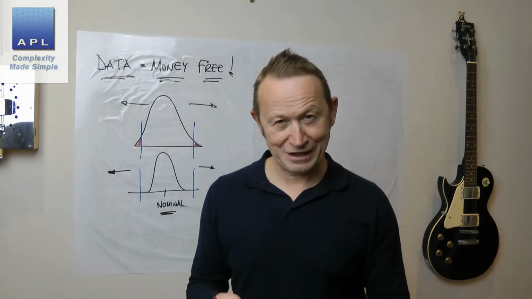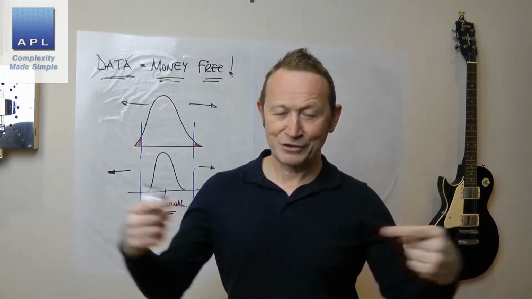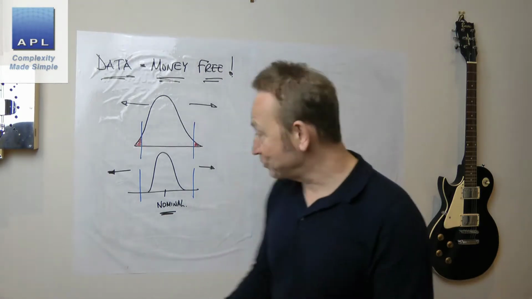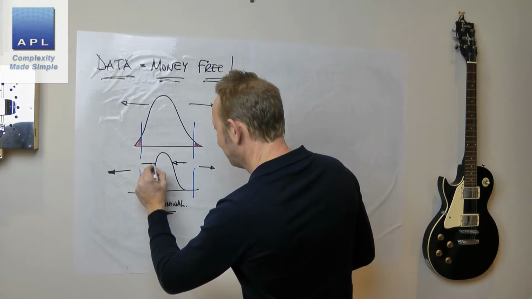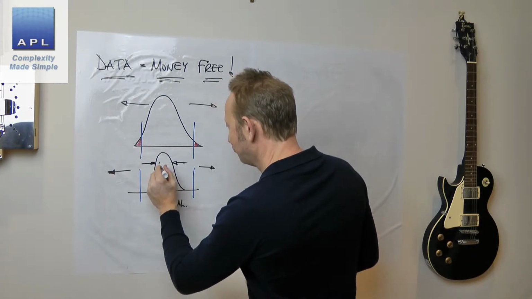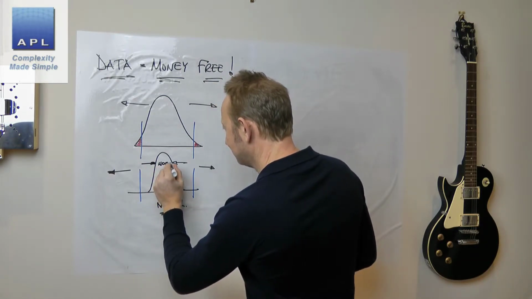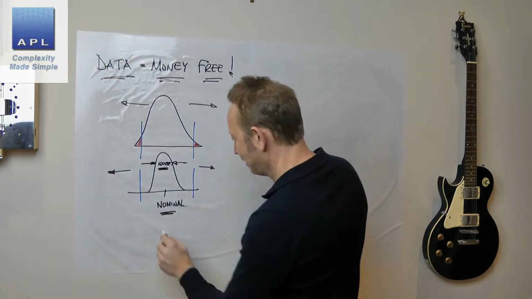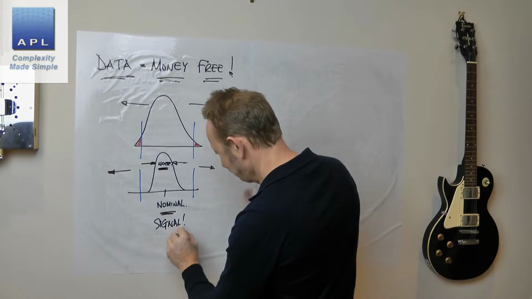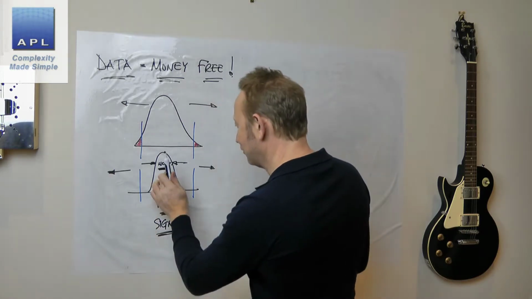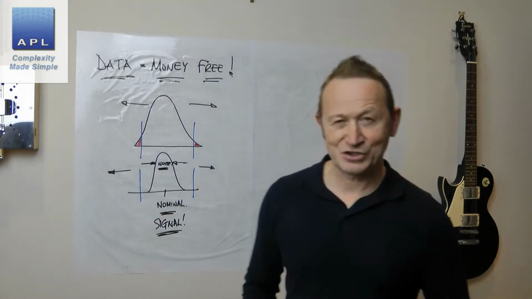What they do not have is a dial that reduces the range, that reduces the variability. There is no dial that will bear down and reduce the noise on a process. They only have the ability to influence the signal.